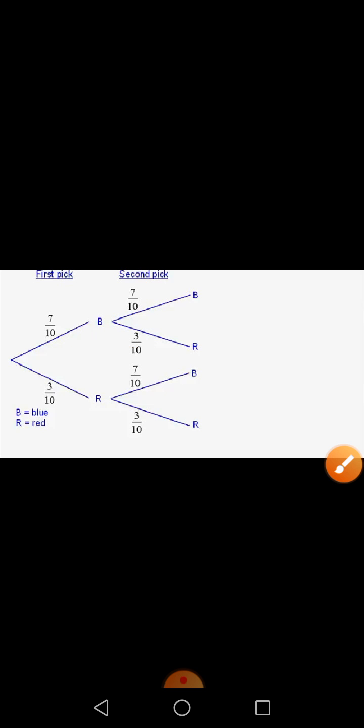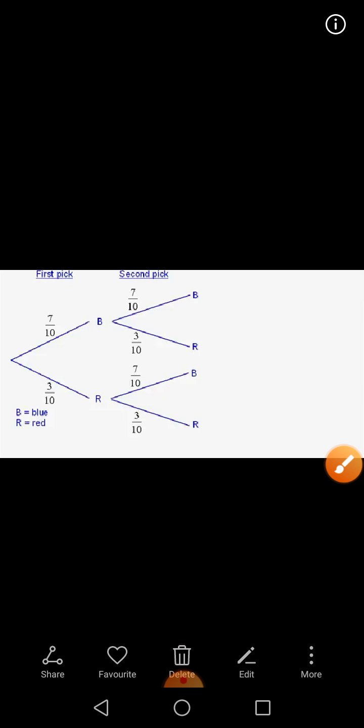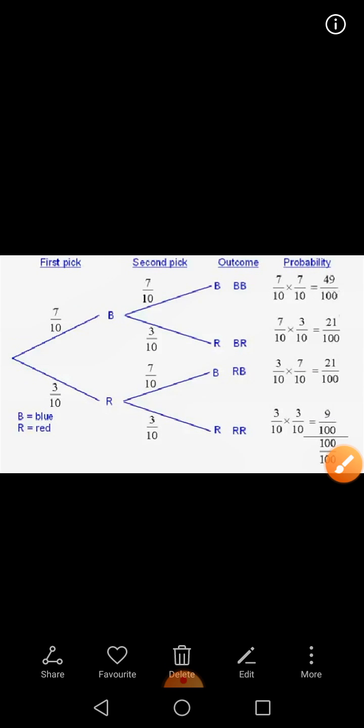You got this? And for the red, he will make another second pick like this, 7 over 10 and 3 over 10. And that's all. Is it hard? It's so easy. The second pick is the same as the first one, once for blue and once for red. Let's see the outcomes here.